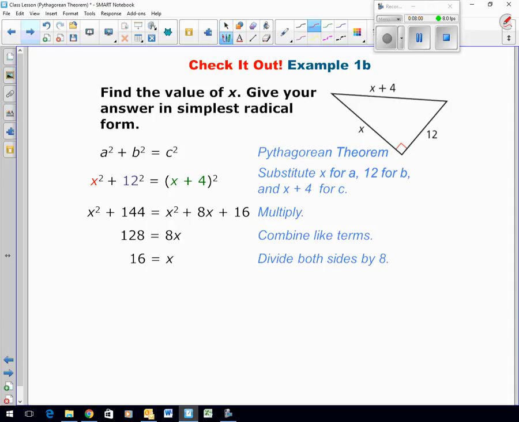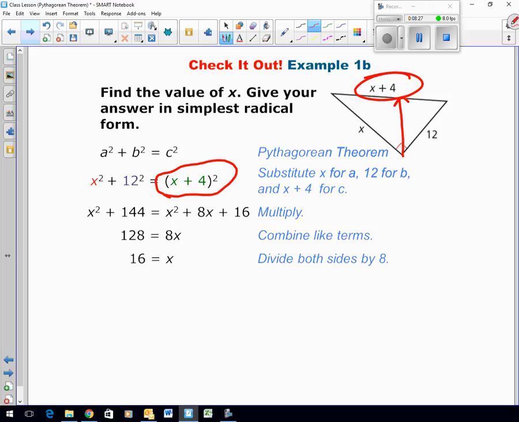So here, okay, same setup, right? Identify your hypotenuse. Got my hypotenuse. Set up the Pythagorean theorem with the hypotenuse by itself on the right side of the equation. X plus 4 squared is on the right side of the equation. X squared plus 12 squared equals x plus 4 squared. So you would have to do what right here, guys? What does that tell you you're going to have to do?